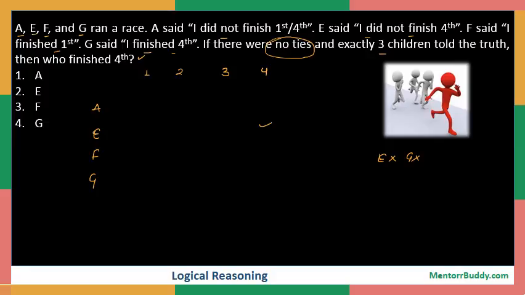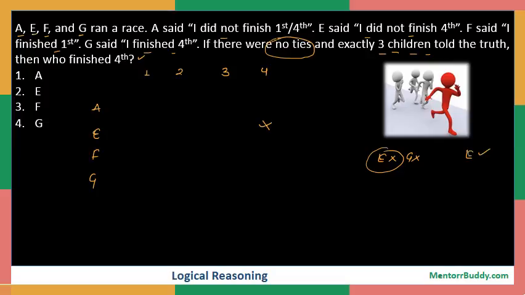But it is given in the question that only one child is speaking a false statement, and the rest three are speaking the correct statement. So it is not possible for E to speak a false statement, and hence E should be correct. Therefore, when E says I did not finish fourth, this is a correct statement, and E is speaking the truth.